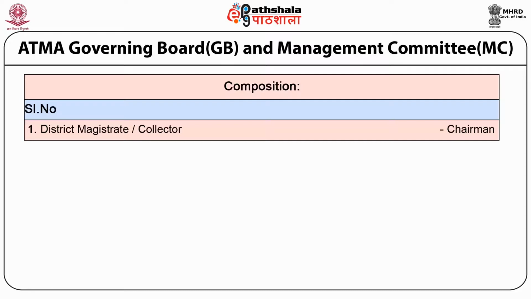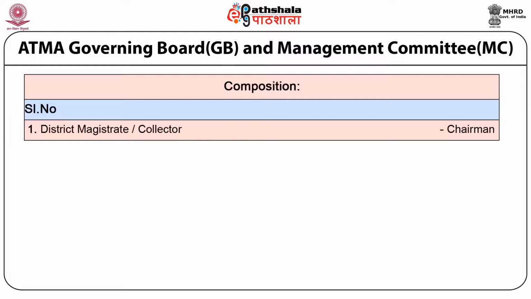There was no common platform to come together and to discuss together. Now, as a management intervention, ATMA provided a common platform under the leadership of the respective district magistrate or the district collector, so that you can plan the developmental programs for the district in a holistic manner.